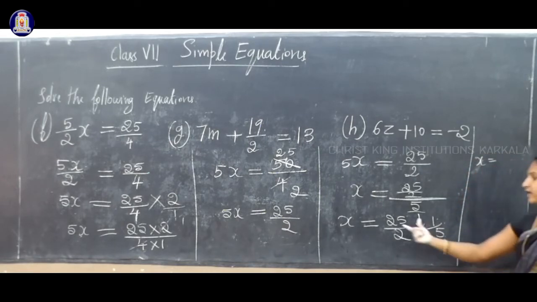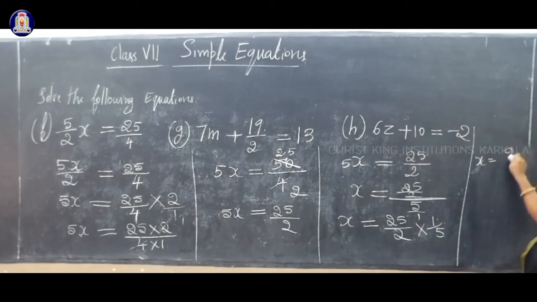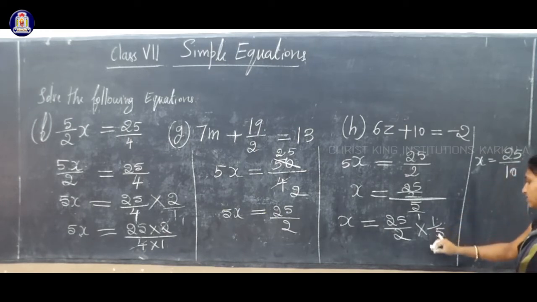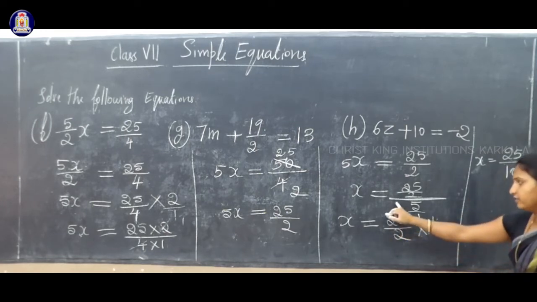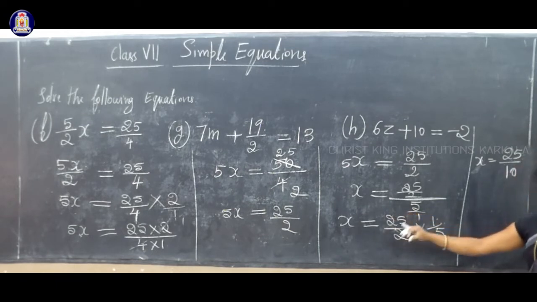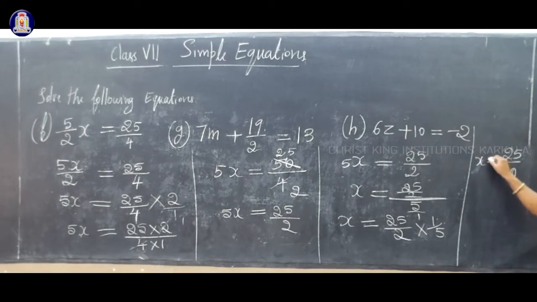So 25 into 1, that is 25. In the denominator it is 2 and 5, so 2 5s are 10. Now multiply, then you can divide. So here we got in the numerator 25 and in the denominator 10.